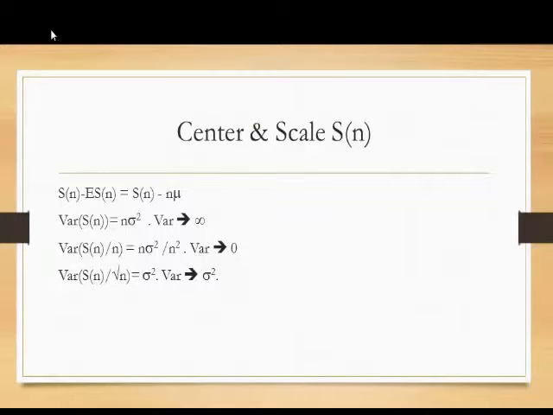If you have an INID case, what you do is you replace the x by the standardized variable, so xi minus mu i divided by sigma i. Then even though these are not identically distributed, all the theory goes through, because actually you don't need identical distribution. You need that all of them have the same mean, 0, and the same variance. So once you standardize, you get all of them to have the same mean, 0, and the same variance, and that's all you need for the proof.